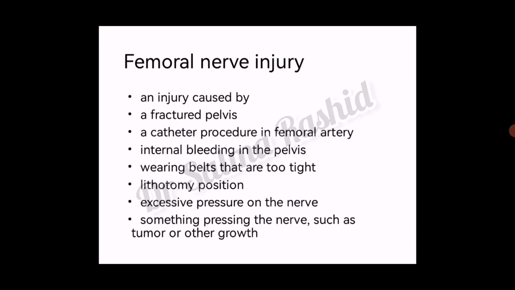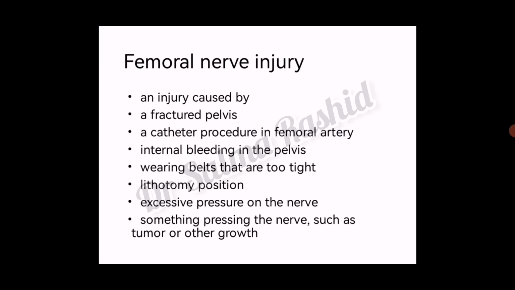Now, femoral nerve injury. An injury can be caused by a fractured pelvis, a catheter procedure in femoral artery because of its close proximity with the femoral nerve, internal bleeding in the pelvis, wearing belts that are too tight, or lithotomy position.